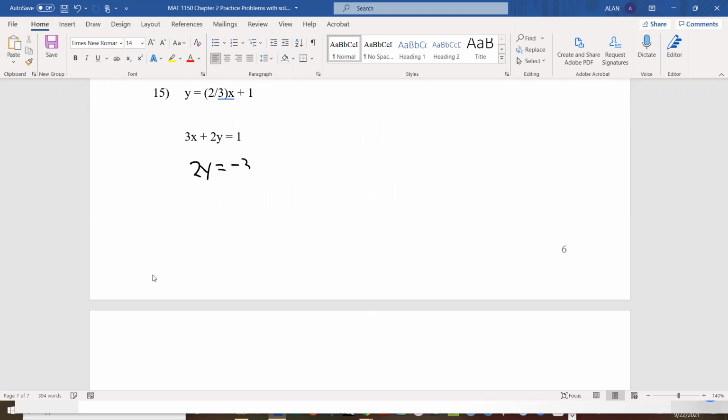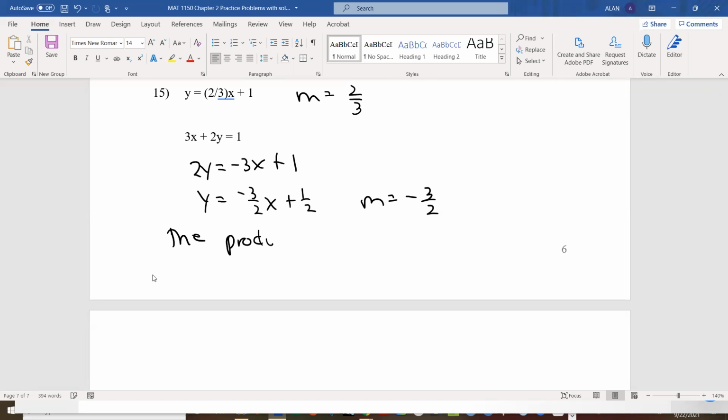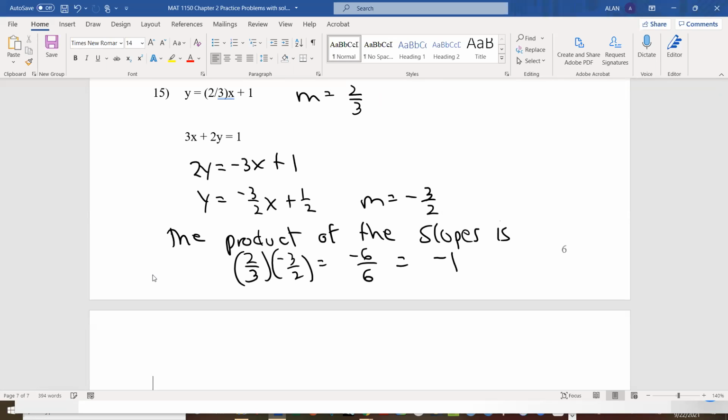So let's subtract the 3x from both sides. Look what we have. So the slope here is 2/3. Slope here is -3/2, and you can see already that the product is 2/3 times -3/2, -6/6, -1.